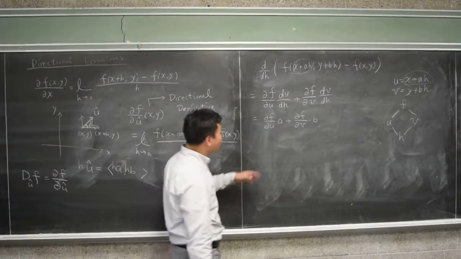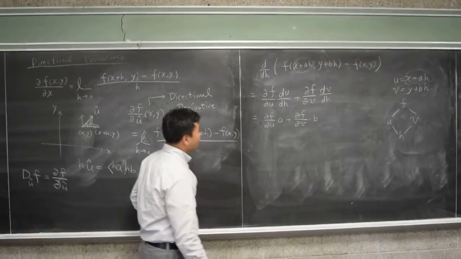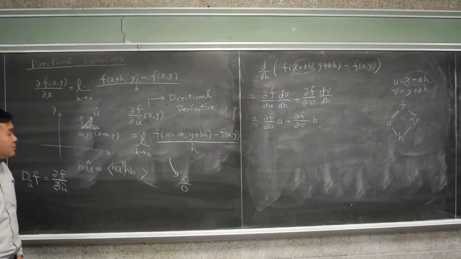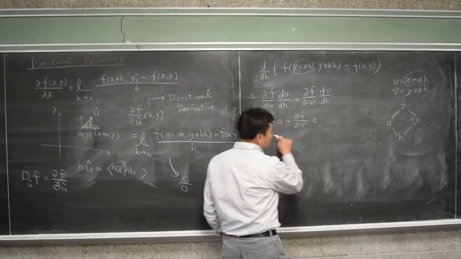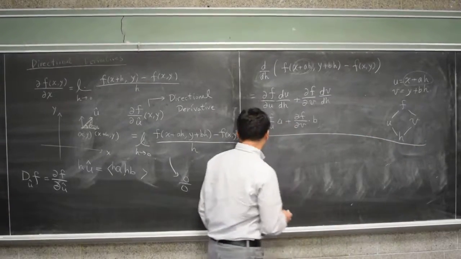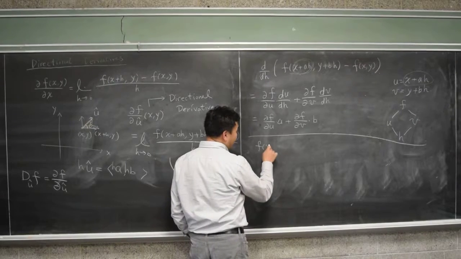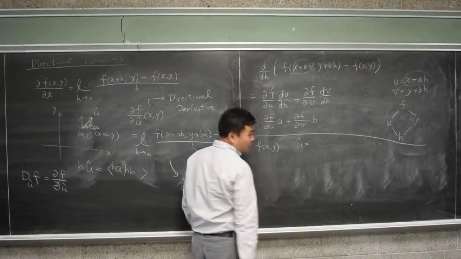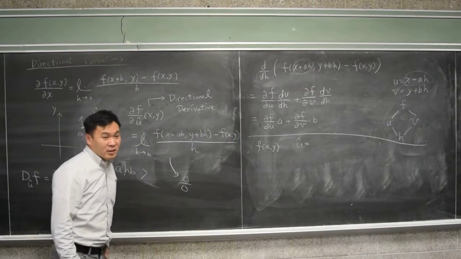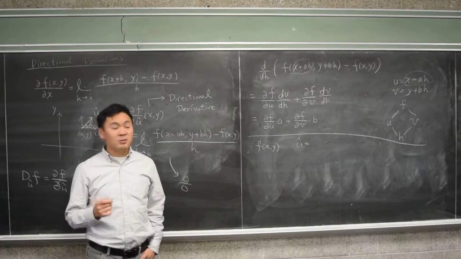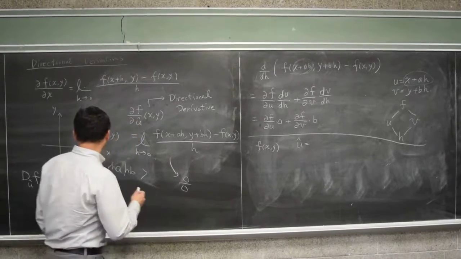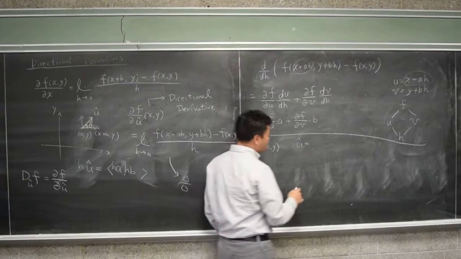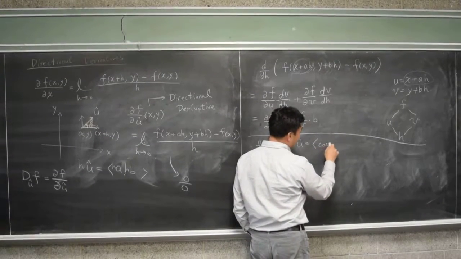However, this is not the formula we want to use in general. In general, if you're given f of x comma y with the vector u, and usually if you're in two dimensions, and this is angle theta, then you can write down the vector u as cosine theta comma sine theta.